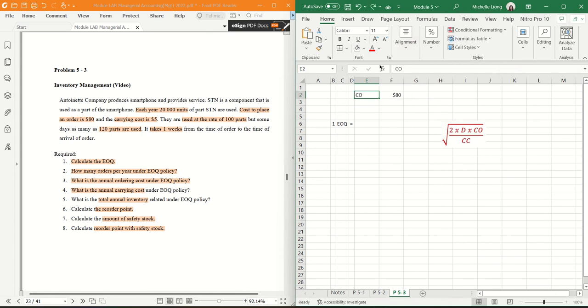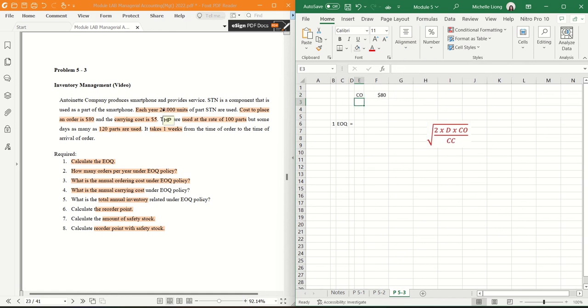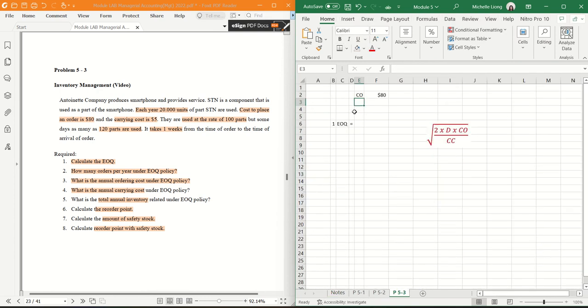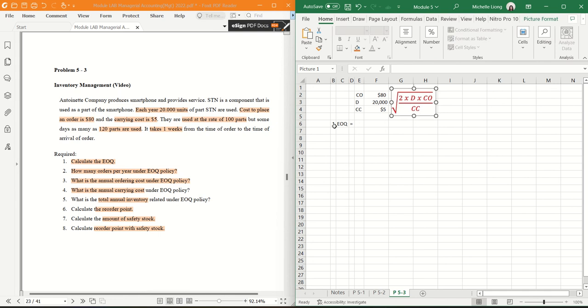And then the produce units or D right here. D is for demand or required units, which is 20,000 units. The carrying cost is $5.